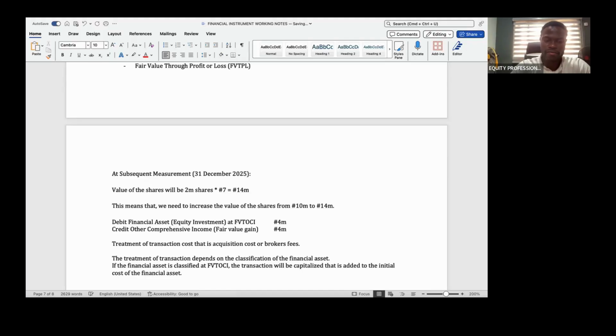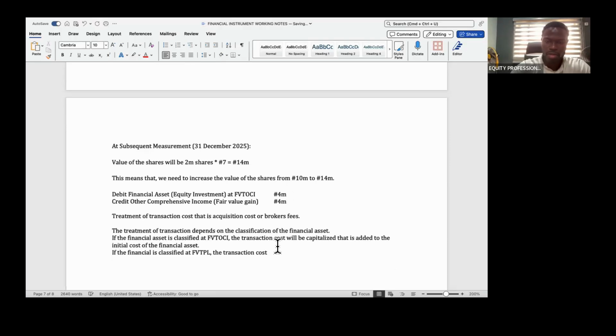But if the financial asset is classified at fair value through P or L, the transaction costs will be expensed, that is, added to profit or loss.